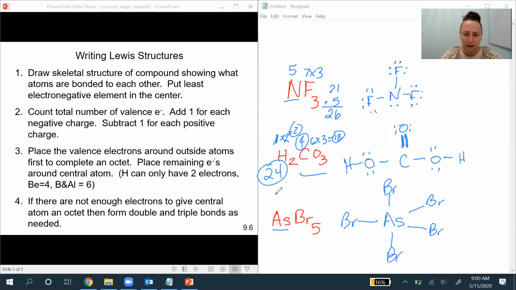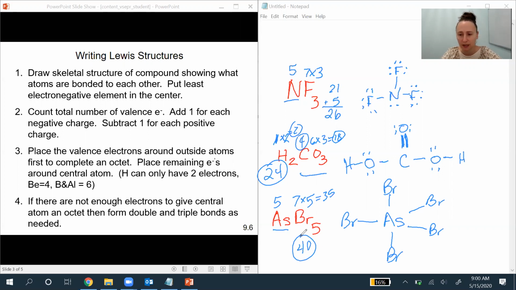We have astatine, which is in the group with 5 valence. Bromine has 7 valence times 5 electrons. It's 35 plus another 5. We have 40 valence electrons we need to account for.